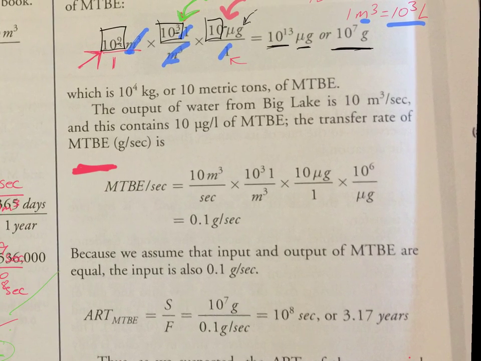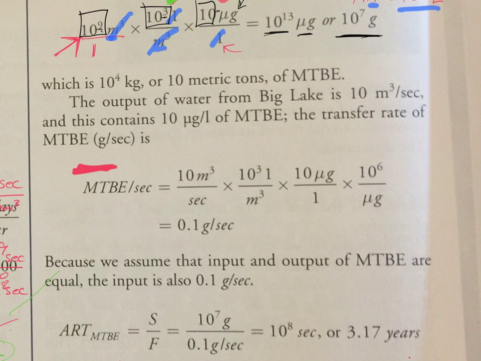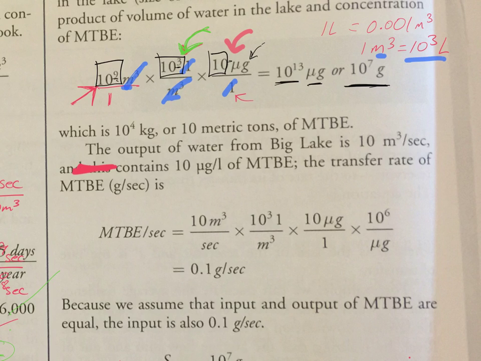So if you have 10 to the 7 grams, again, converting grams to kilograms, there are 1,000 grams in a kilogram, which is 10 to the 3rd grams in 1 kilogram. 7 minus 3 is 4, and so grams cancel out.